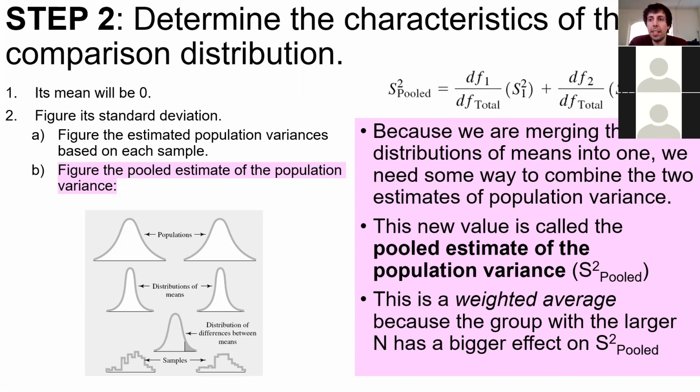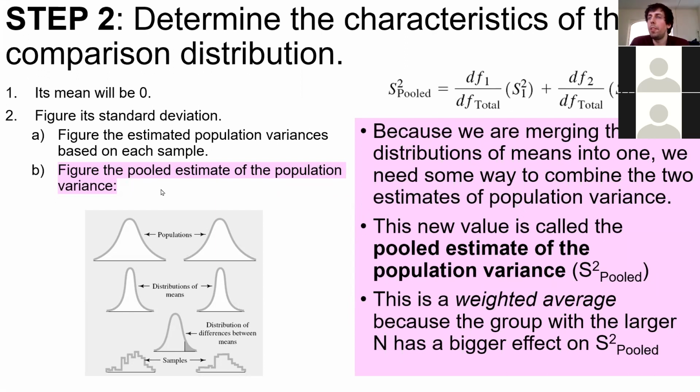To estimate the variance of the population those samples come from, you use that formula where you divide by the degrees of freedom, sum of squares divided by degrees of freedom, rather than divided by n, and that gives you this calculation from figure 2a, which is the estimated population variance based on each sample.